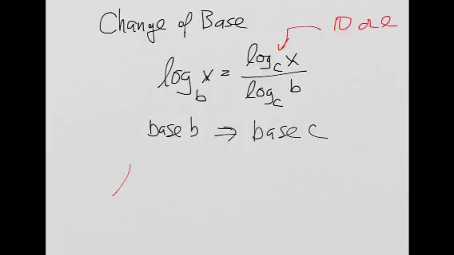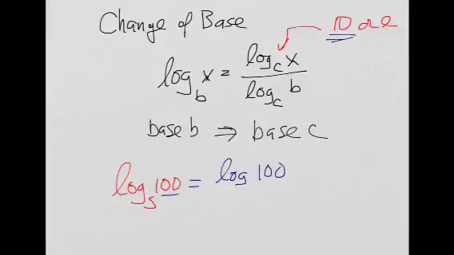So for example, if I wanted the log base 5 of 100, my calculator doesn't do base 5, so let's make it base 10. That's going to be the log base 10, or the common log, of 100, the input, divided by the log base 10 again of the base that I have, my old base of 5.